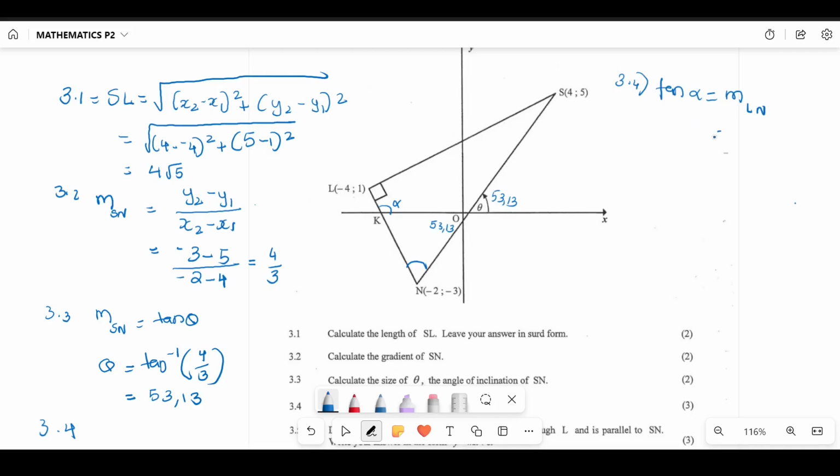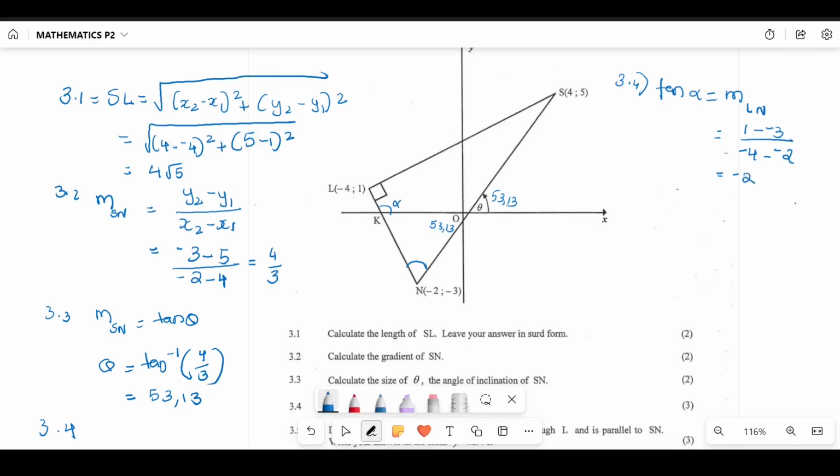So first we have to find the gradient of LN, which will be y2 minus y1 divided by x2 minus x1. That will give you 4 over negative 2, so it's negative 2.